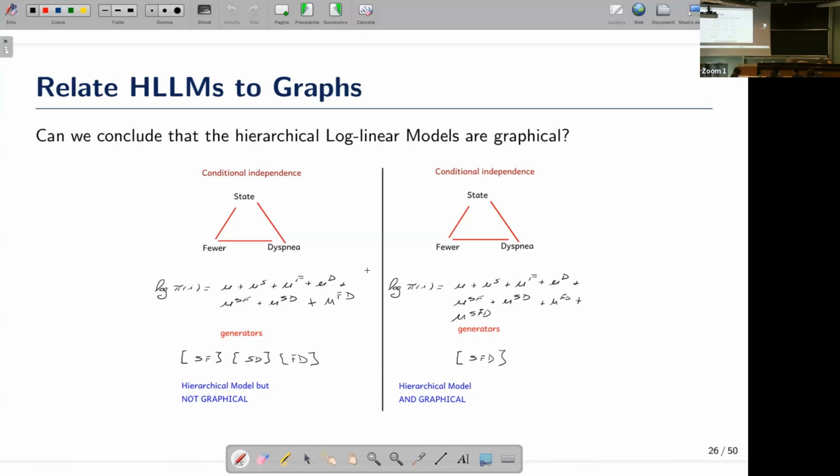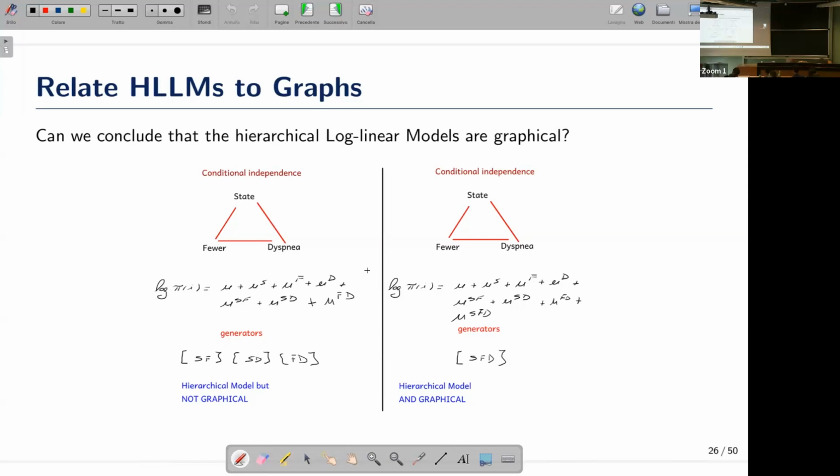And here you can see this is a simple example. What is the clique of this one? What is the maximum clique of this one? Yeah? The whole graph. So it's state, fever, and this, right?